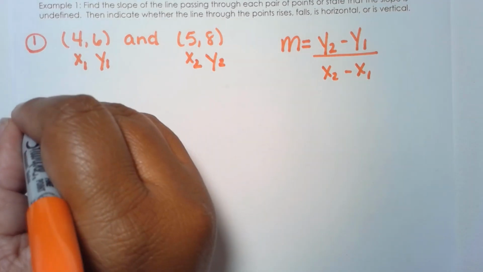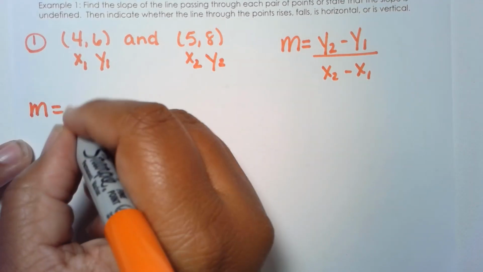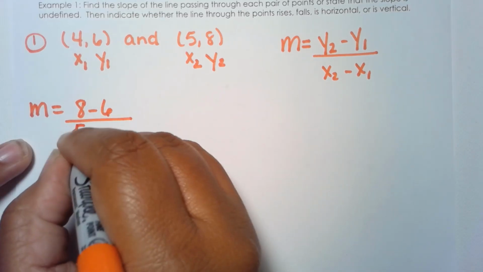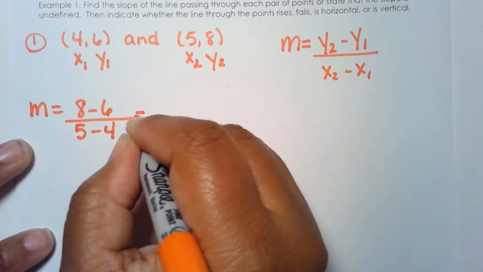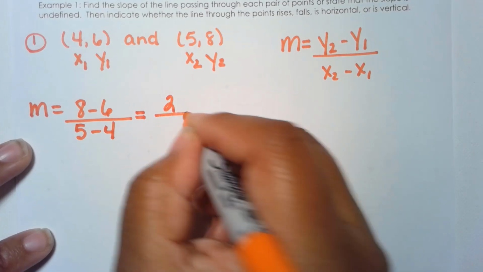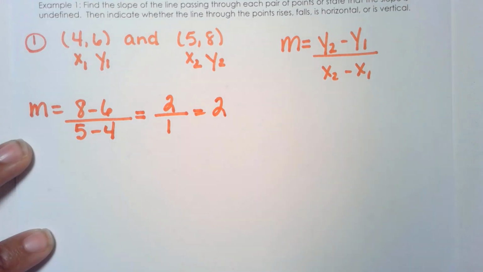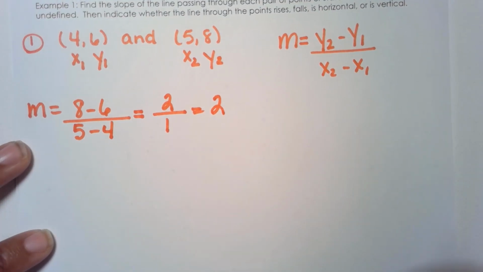Let's find the slope. m is equal to 8 minus 6 over 5 minus 4. 8 minus 6, we have 2. 5 minus 4, we have 1. And we have a positive 2.